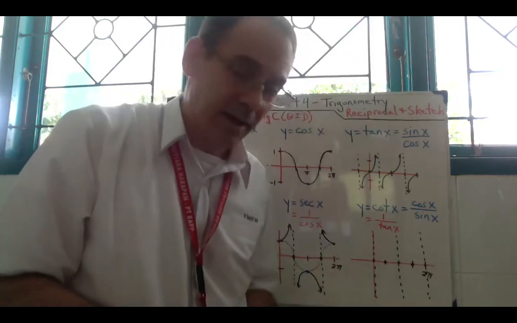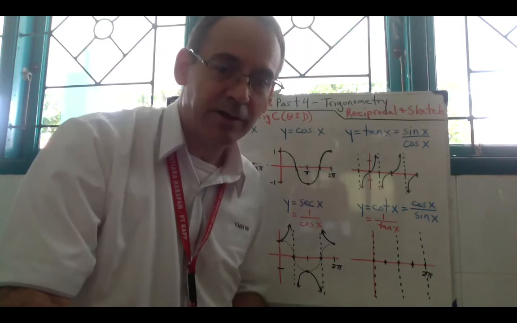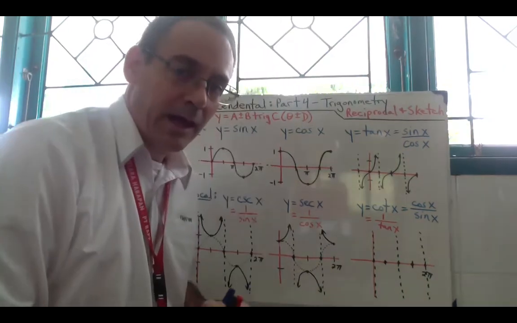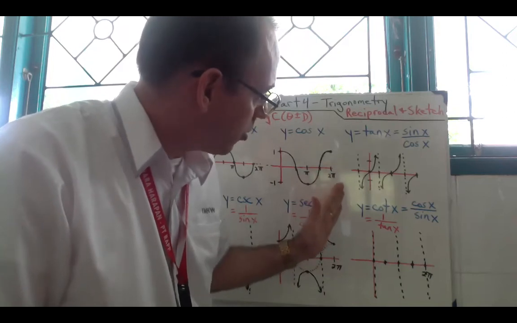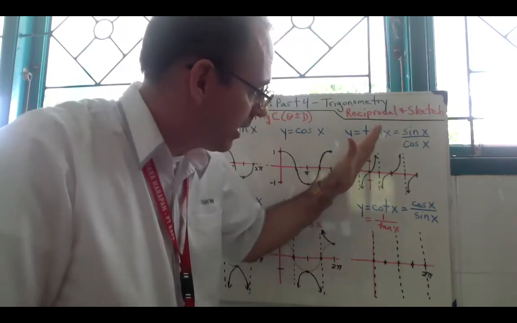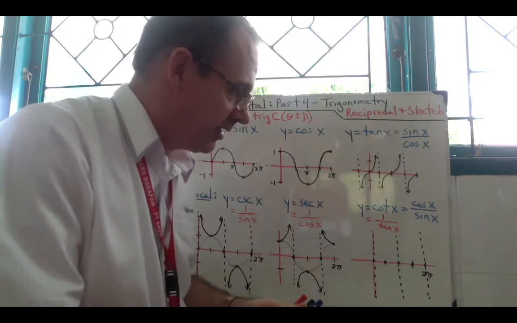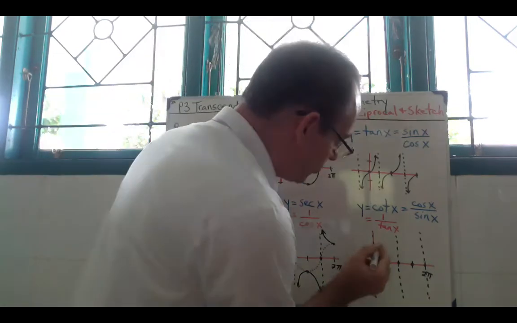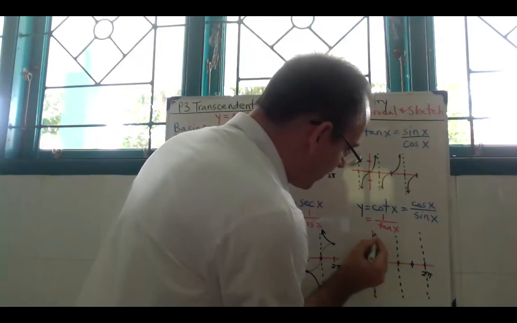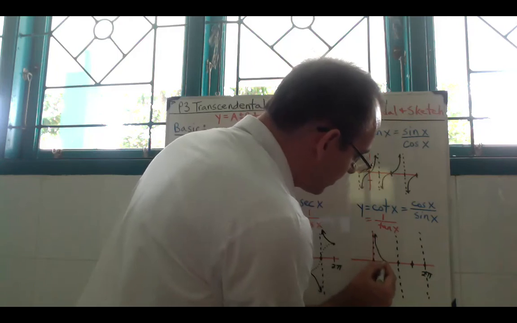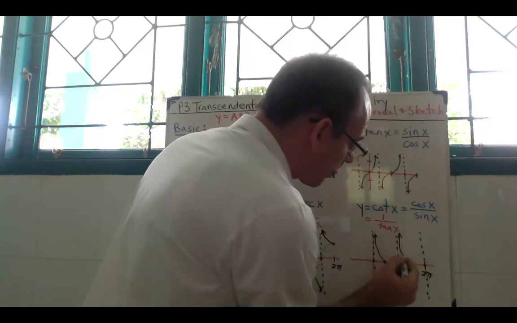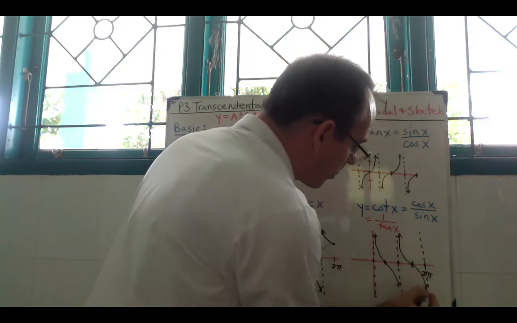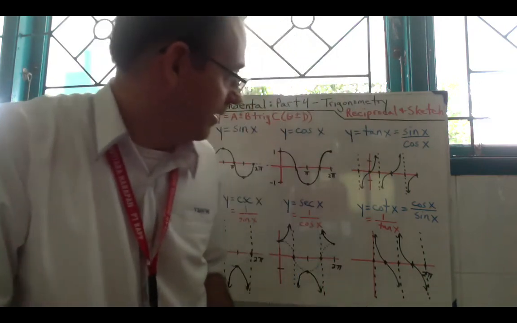Another thing to remember is that where tangent will go up, kind of like in a positive slope direction, your cotangent is going to go down. So it's going to start like this, and it's going to go down through this way, like that.